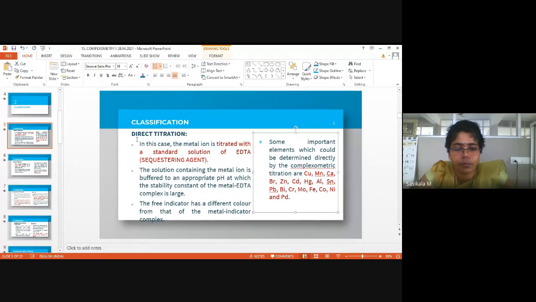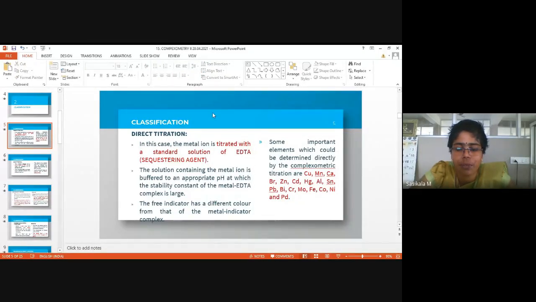In the direct method, the metal is directly titrated with EDTA. The burette content will be EDTA, and the conical flask content will be the solution containing metal ion. Remember, all the material we use will be in solution form, which is why it comes under volumetric titration.